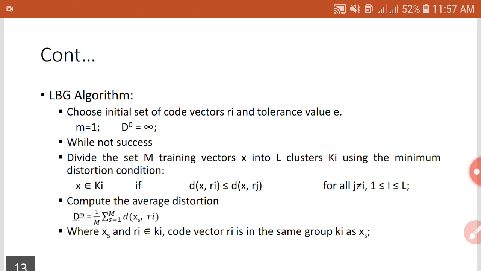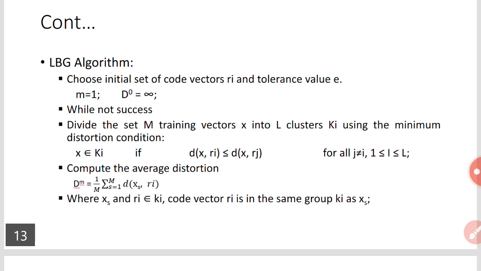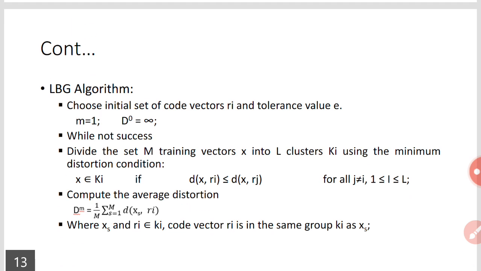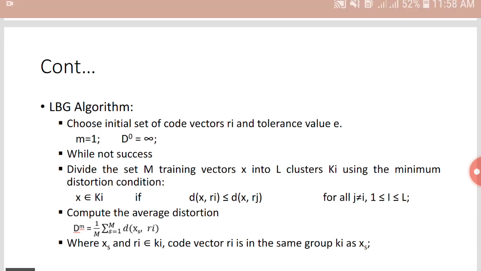Here Ri is the representative vector for the cluster Ki. Place training vector x into cluster Ki only when the distortion is minimum between x and Ri. Now the next step is to compute the average distortion using this equation.